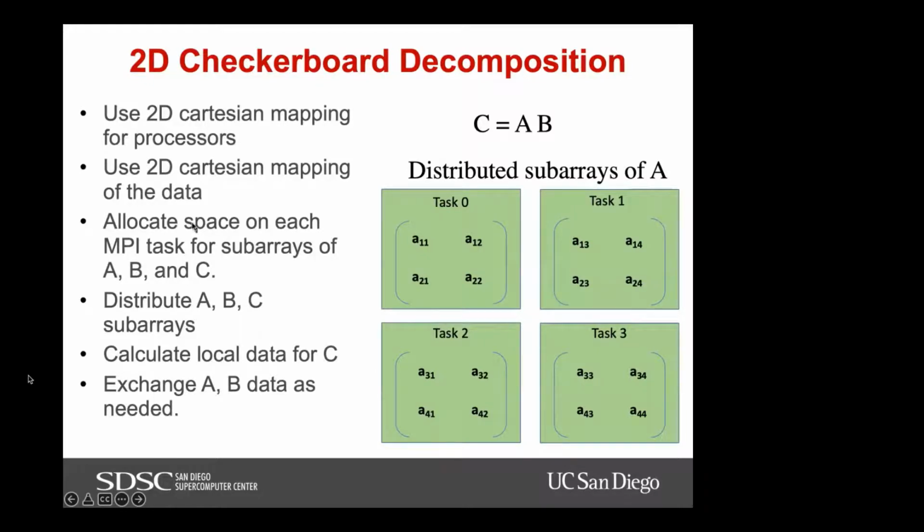And then basically you're allocating space on each MPI task for the subarrays. For example, task 0 might have this space, task 1 will have that, and so on. So when you do this matrix multiplication, you can imagine that you will need to exchange A and B data as you go along.